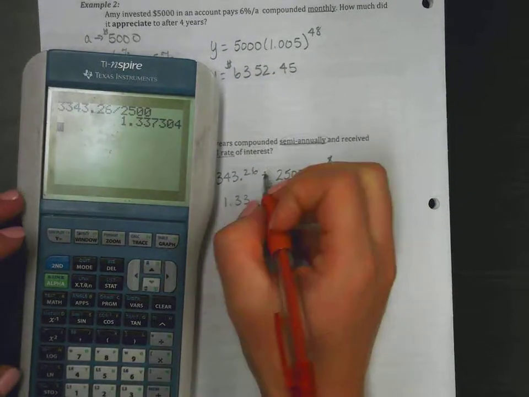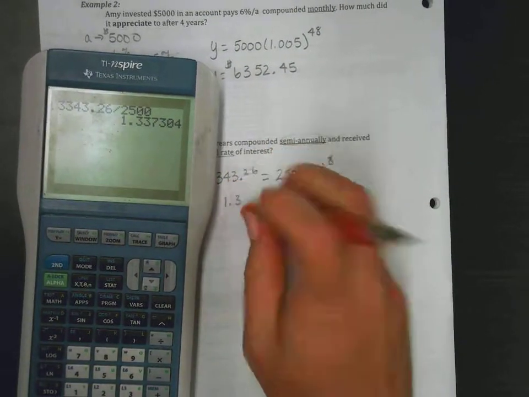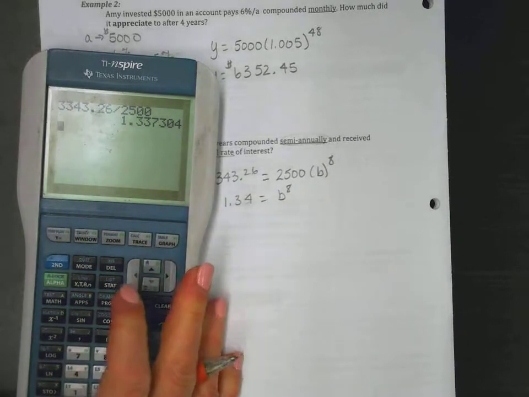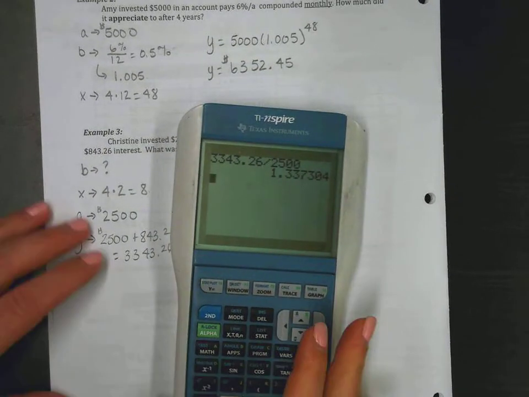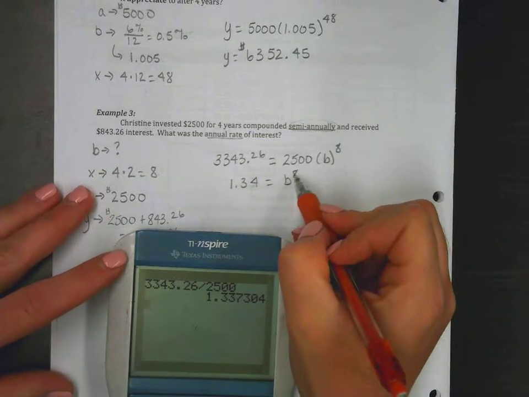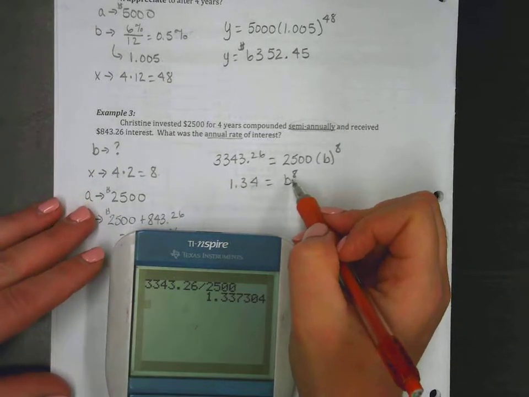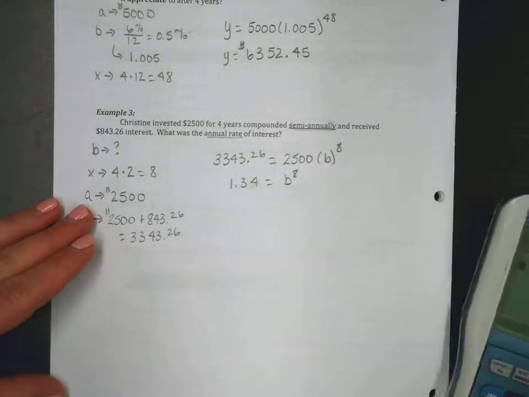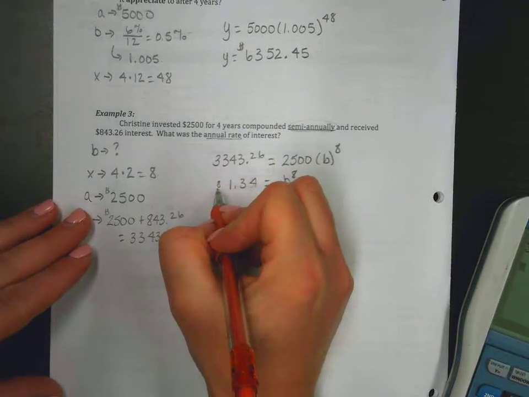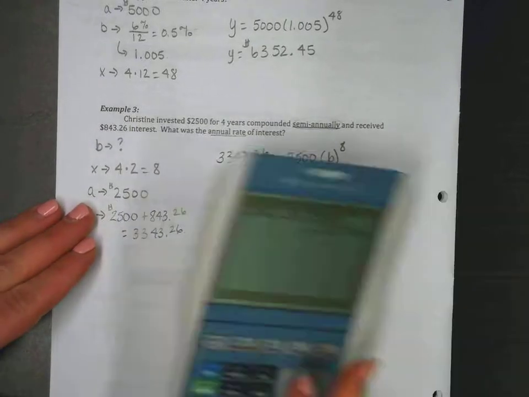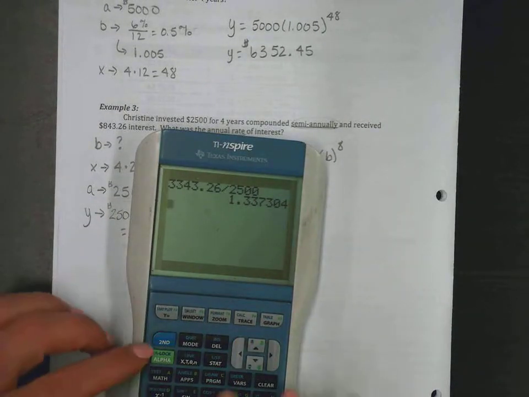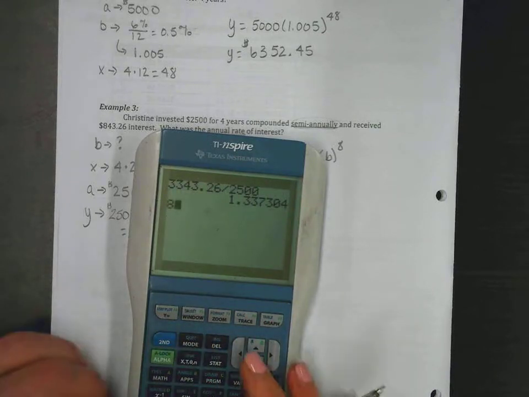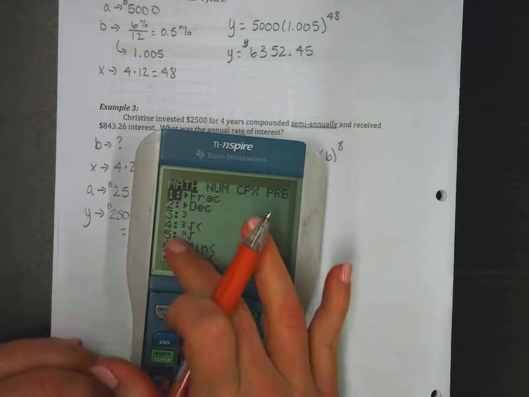Now, in order to solve for B, I want to do the opposite operation of taking this exponent to the power of 8, which would be the 8th root of 1.33734. So I'm going to go into my math. Sorry, I got to type in 8 first and then hit math, number 5. So I'm taking the 8th root of this previous answer. So I get 1.037 for my B value.